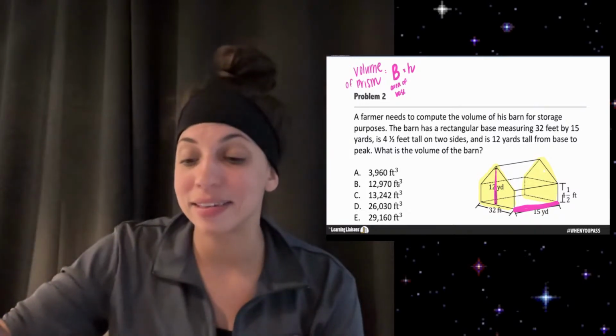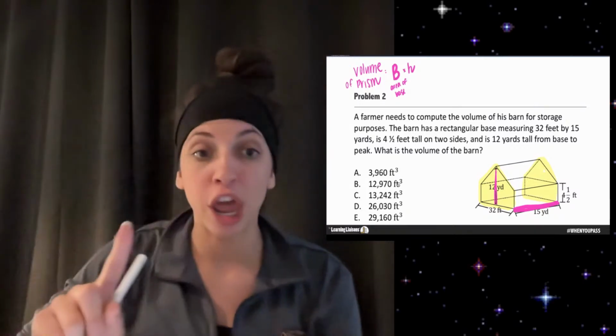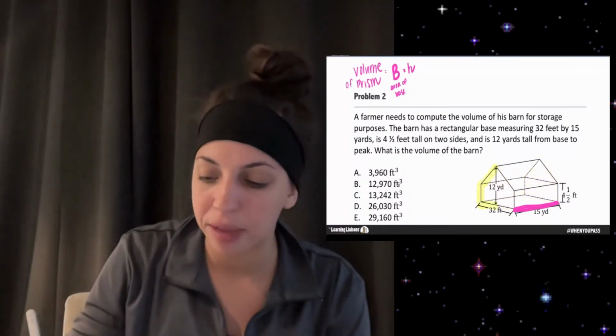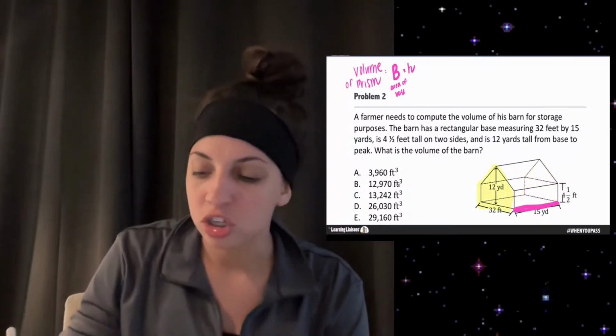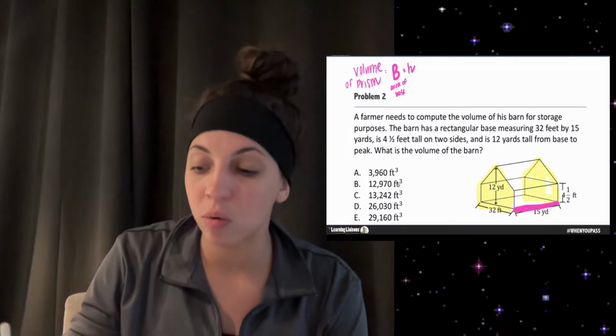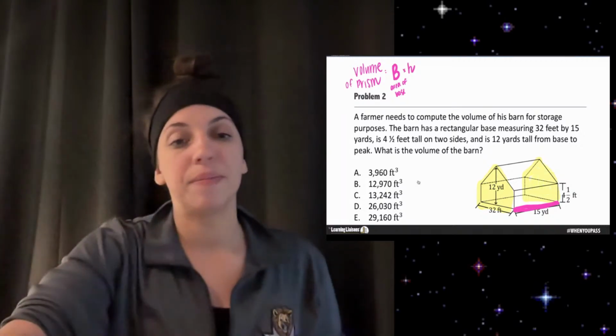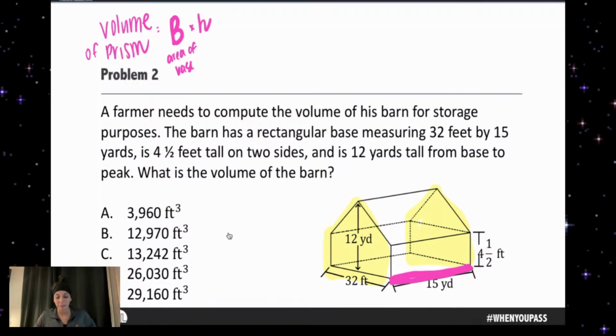Confusing? Yes. Impossible? No. So let's go ahead and take a look, and I'm going to just highlight that base for us again so that we can understand what we're working with. So I need to find the area of my base. How am I going to find the area of my base? Well, my base is a not standard pentagon.